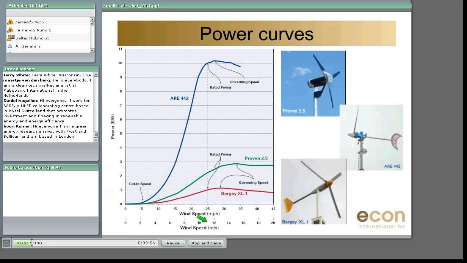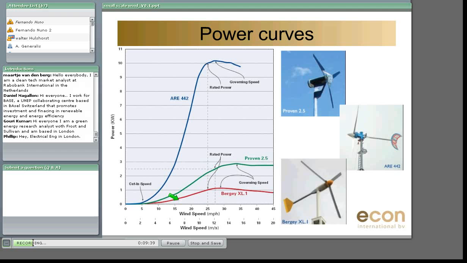For the other types of wind turbines, the maximum output of 2.5 is reached at about 27 or 28 miles per hour, or 12 meters per second, which is almost similar for the one with 1 kilowatt. So between the cut-in speed and the rated wind speed, the power of your wind turbine is not the rated power, but somewhere in between.